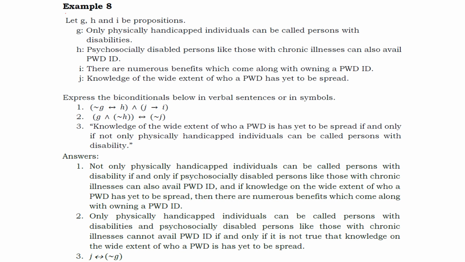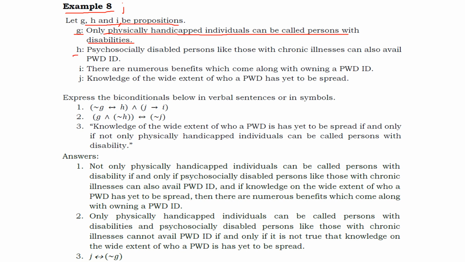For example, number 8, let G, H, I, and J be propositions. There's a typographical error here, so there's still a J proposition. For your G proposition: only physically handicapped individuals can be called persons with disabilities.